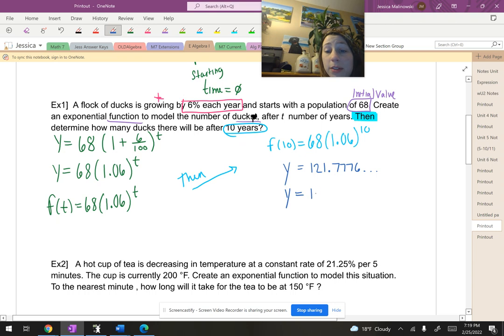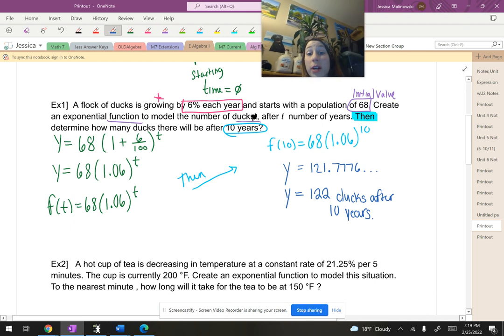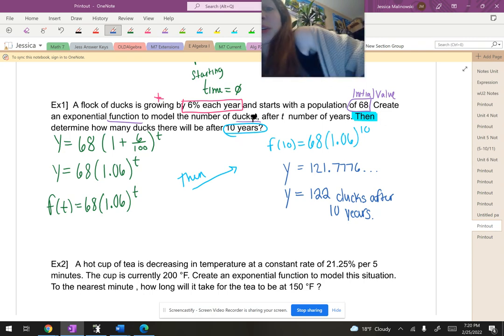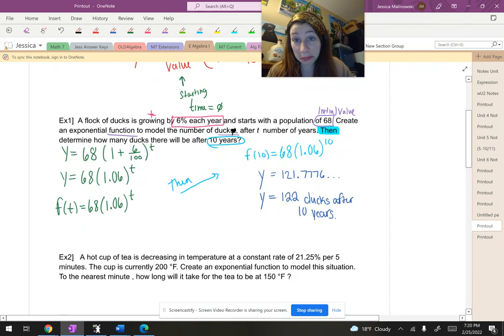That would be rounded to the nearest whole number, 122 ducks after 10 years. Just a quick makes-sense check: it does make sense because the population of ducks was increasing, so I am ending up with a higher number than the 68 that we originally started with. So yeah, stay tuned for example number 2.